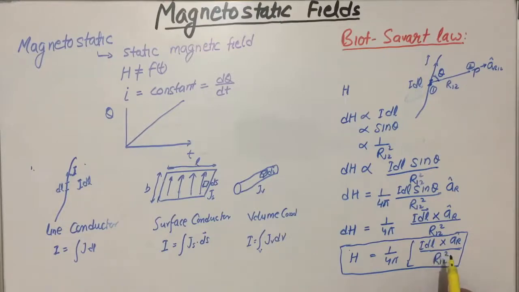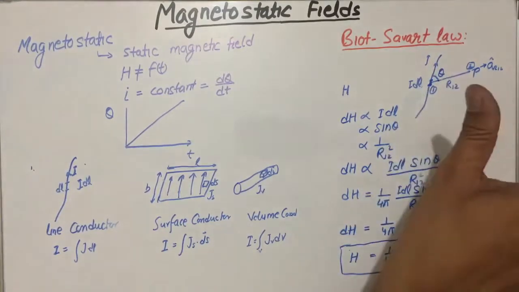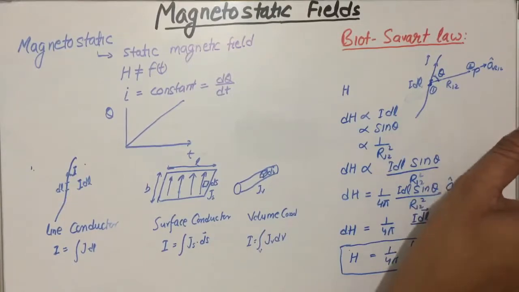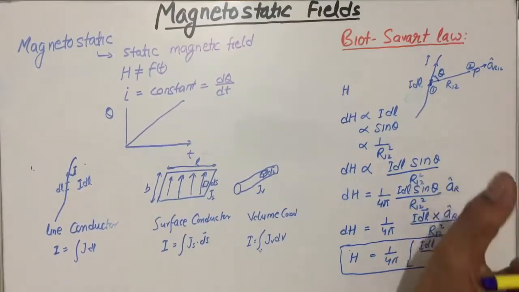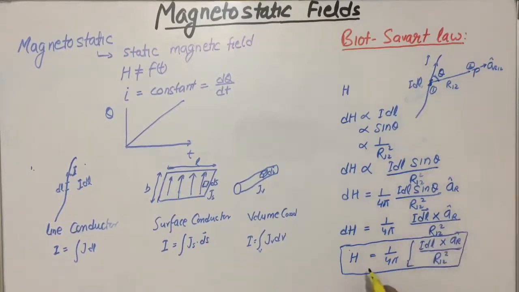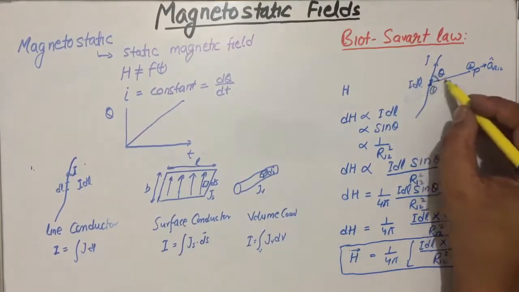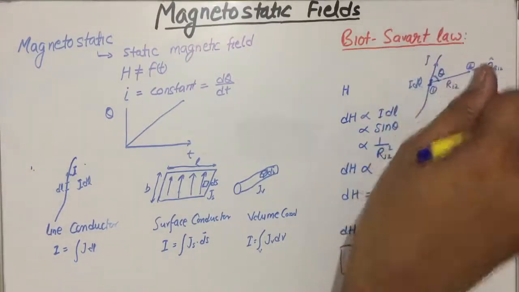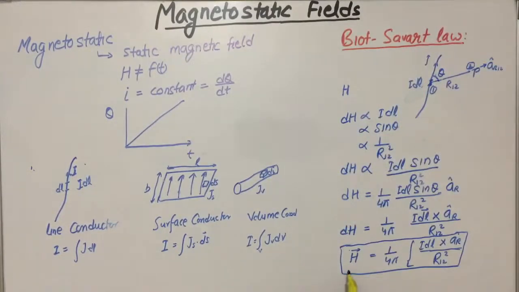We put our fingers in the direction of the current element, and the fingers are curled at the point of interest in the direction of the radial vector, the other vector. The curling direction gives the third direction, which is the direction of the magnetic field intensity. So IDL cross AR is downward, going inside, which is the direction of the magnetic field intensity in this case. Okay, I hope it is meaningful.